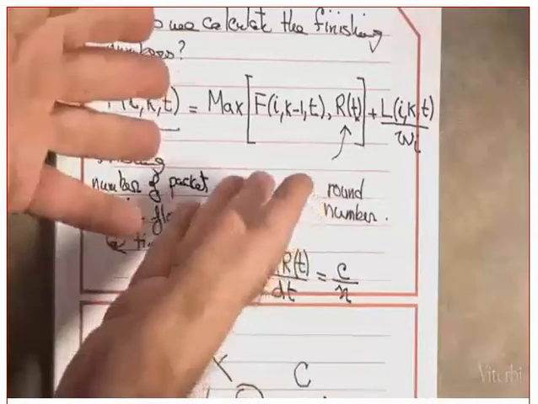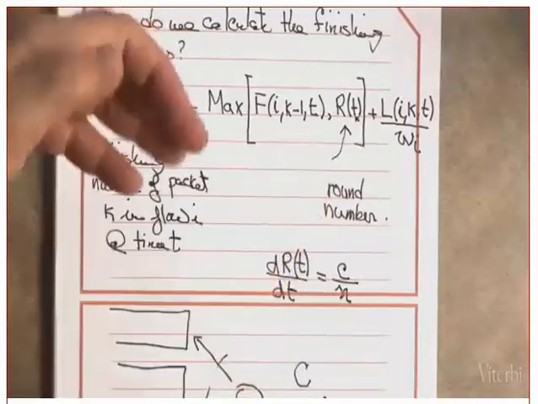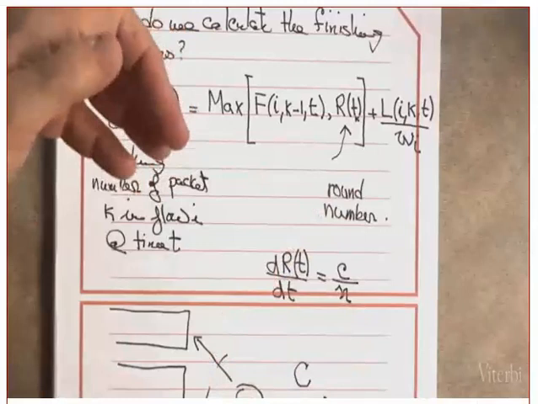So which one will be greater? This one is the round number when the k-th packet arrived. This one is the finishing number of the packet that was ahead of it. Bigger, this one or this one? That one is bigger. You follow me or not? That one is bigger. So you take the maximum of them to get the finishing number of this k-th one.